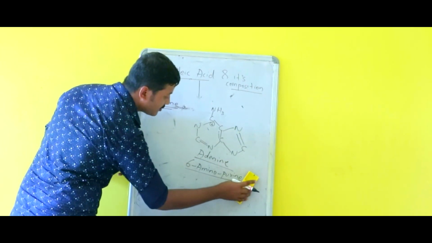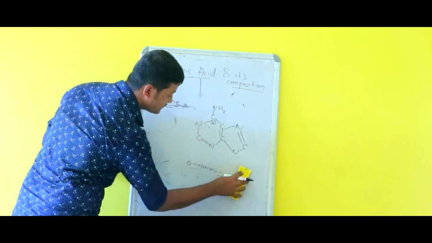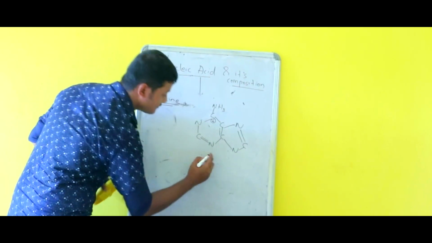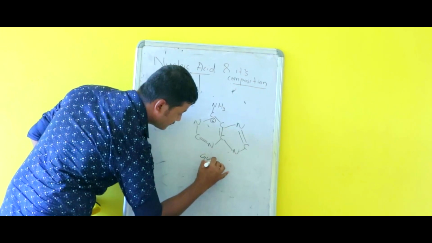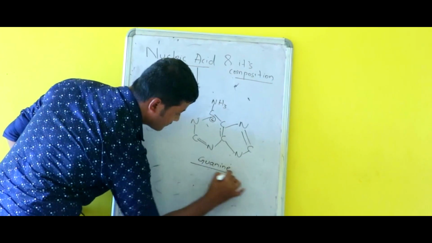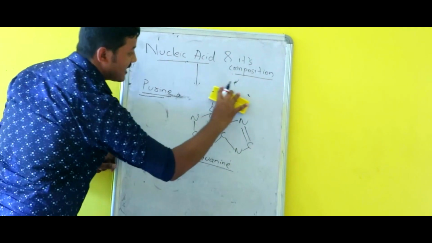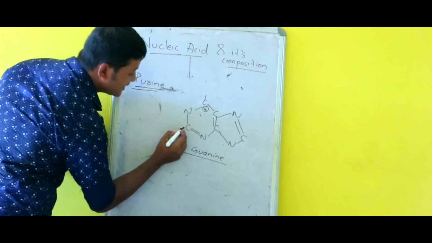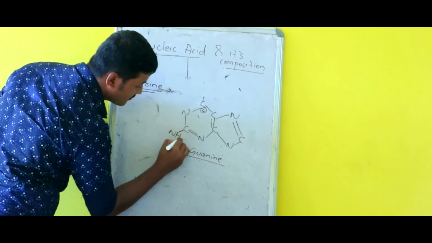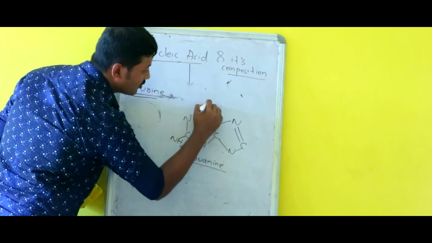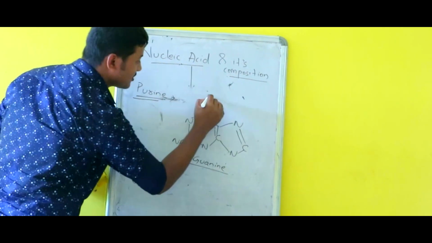Then comes the second purine, that is your guanine. In guanine, an amino group is present at the C2 position, and a carbonyl group is present at the C6 position.